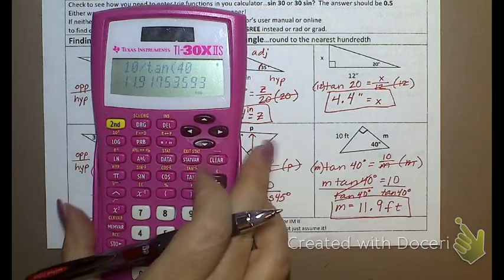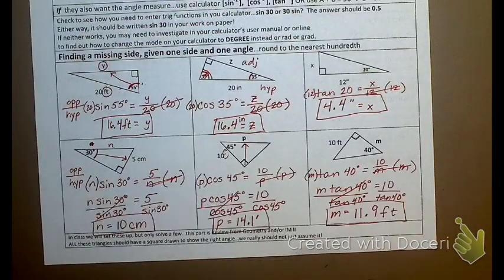Okay. Really quick, before I turn the page over to do the back side, where is my graphing calculator?